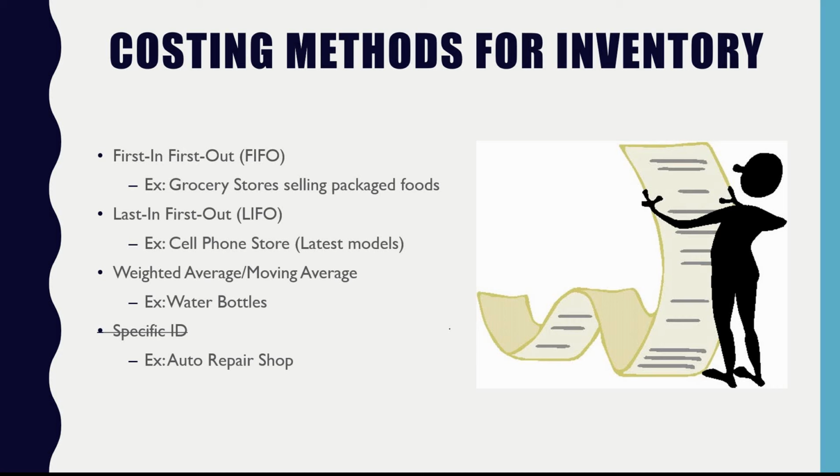If you're looking at a Honda Accord 2019 water pump, that's why it is specific, because it's going to be tagging each item with a specific identification number associated with the specific part. So an auto repair shop will keep inventory.